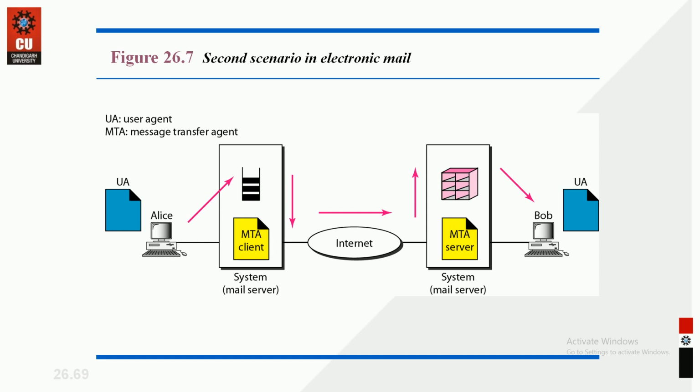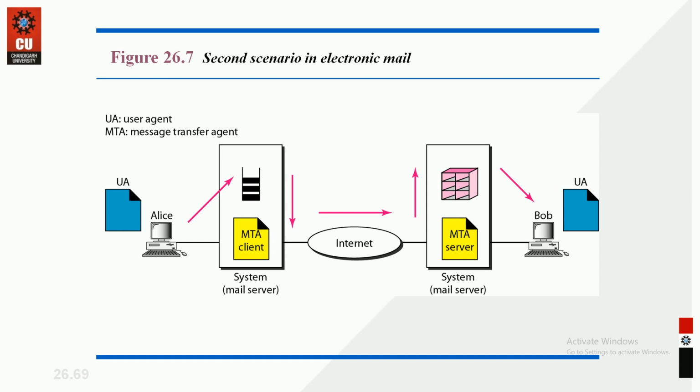Now we have the second scenario. What will happen in that case? We have an MTA client. MTA stands for message transfer agent. There is a message transfer agent client and a message transfer agent server, and they are connected through the internet, right?